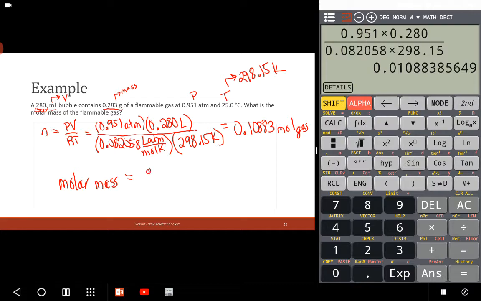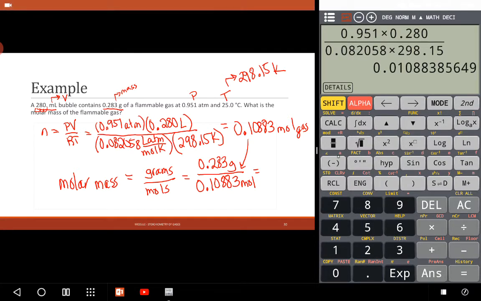So my molar mass is equal to my mass in grams divided by moles. And so that is 0.283 grams divided by 0.10883 moles. So we just plugged that in for moles. I'm going to go ahead and store this number in my calculator.